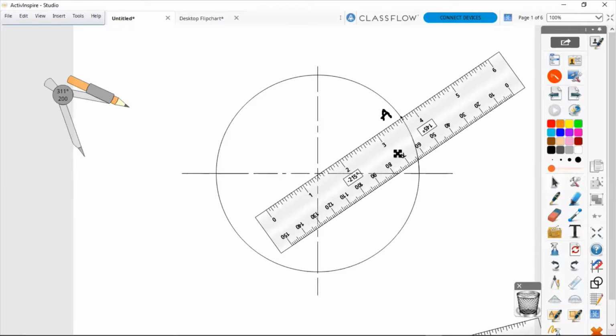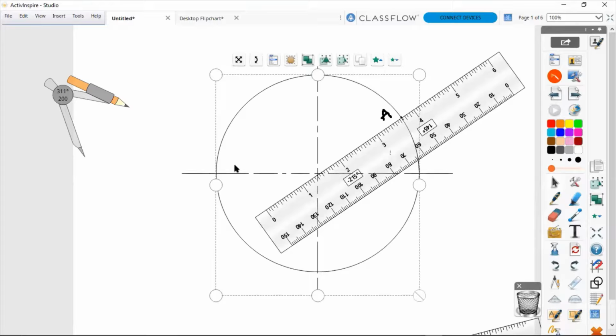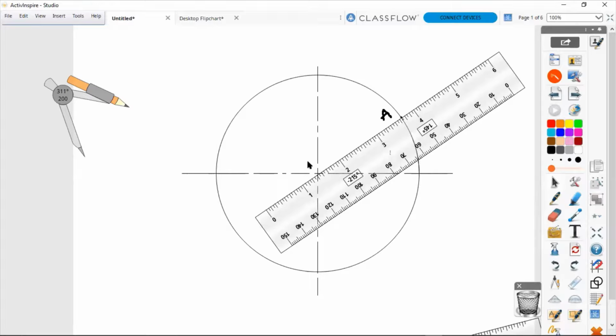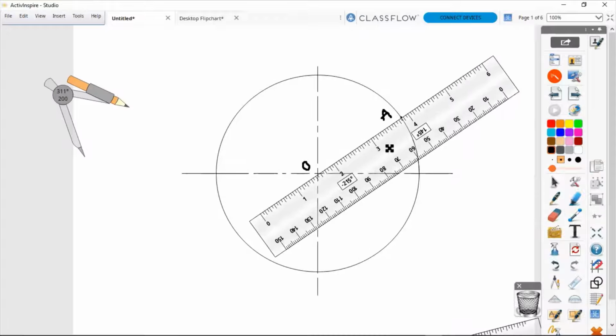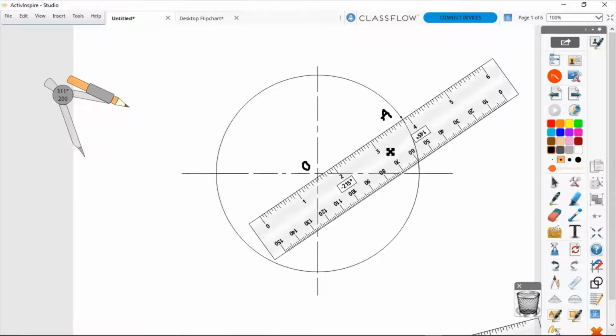I am going to draw my line from the origin, the center of the circle, which is point O. I have to locate my rule well.